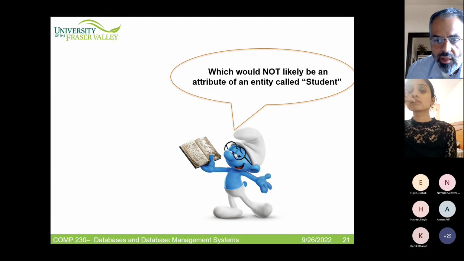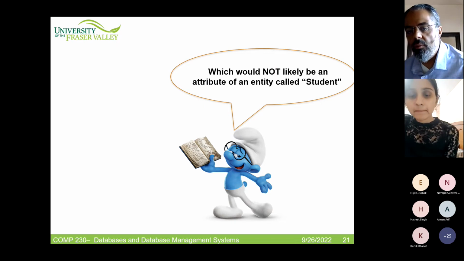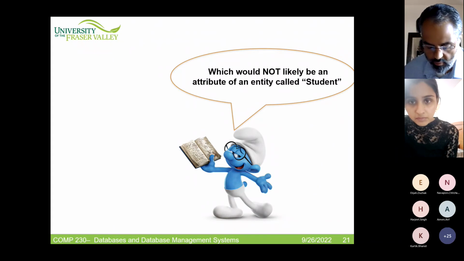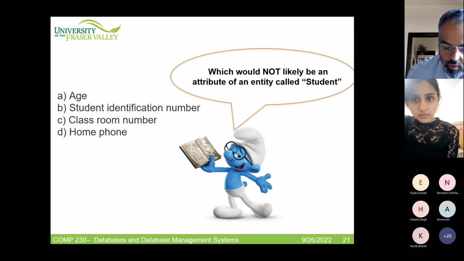Now we have another question. Which is not likely to be an attribute of an entity called student? Age, student identification number, classroom number, home phone.